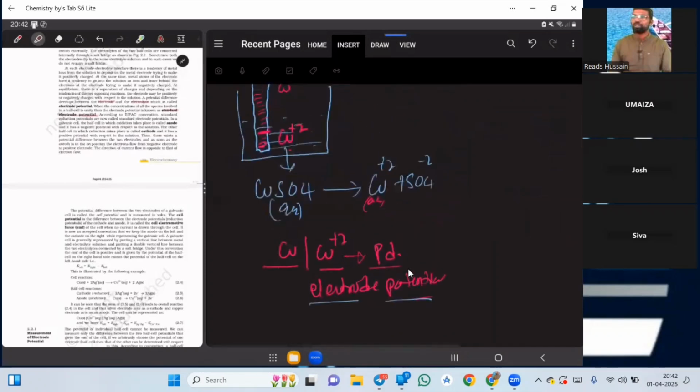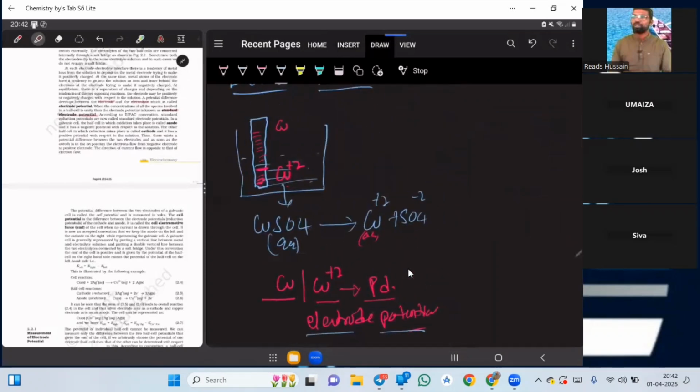For example, whatever copper sulfate solution I have taken in this beaker, if the concentration of the copper sulfate solution, listen carefully, is 1 molar, meaning its molarity is 1, then the potential difference arising between copper metal atoms and copper ions is called standard electrode potential. The word standard comes when we take a 1 molar electrolytic solution.